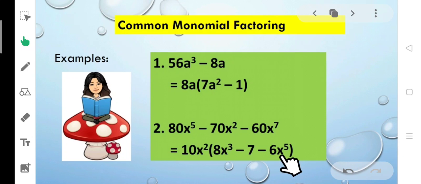So the factors of 80x to the 5th power minus 70x squared minus 60x raised to the 7th power are 10x squared and the quantity of 8x cubed minus 7 minus 6x to the 5th power.